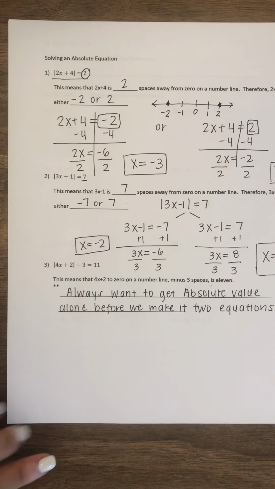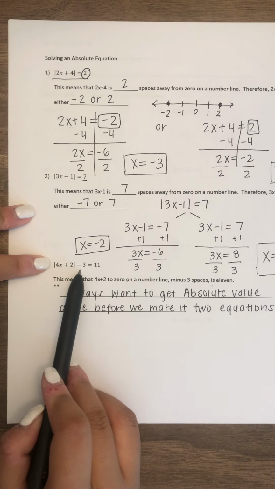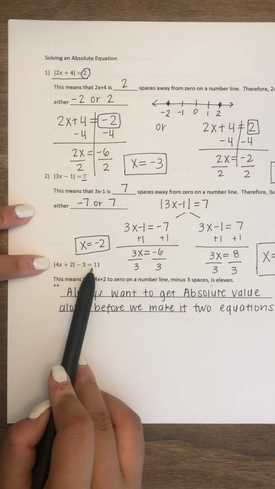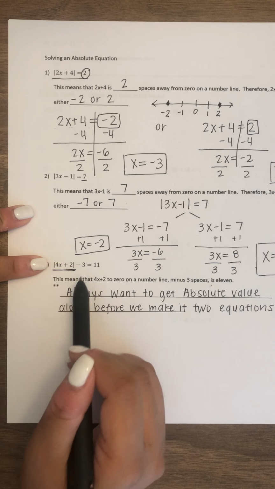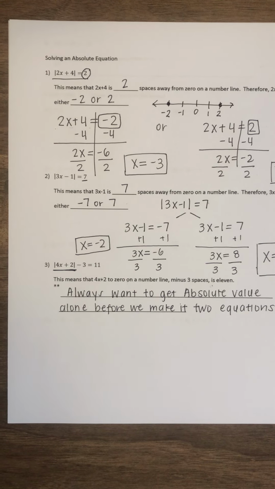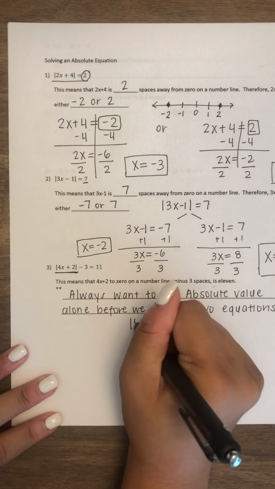Okay, so for this example, we can't say 4x plus 2 minus 3 could be -11 or 11. We want to get this guy by itself before we can say the 2 possibilities. So let's go ahead and do that.